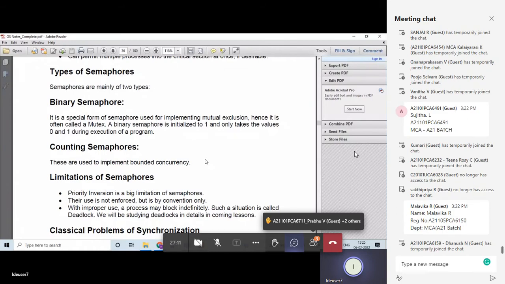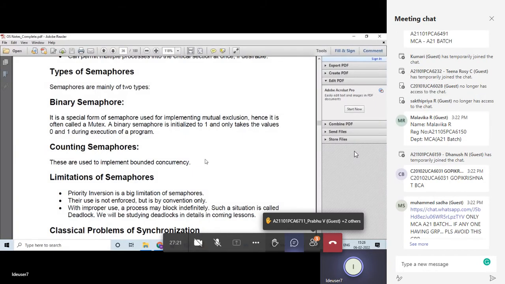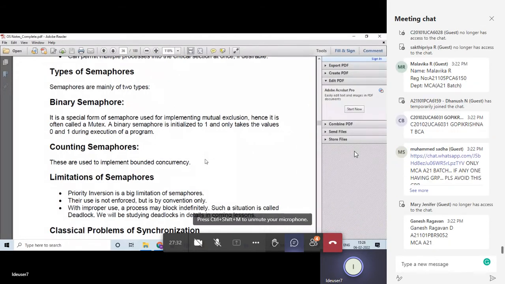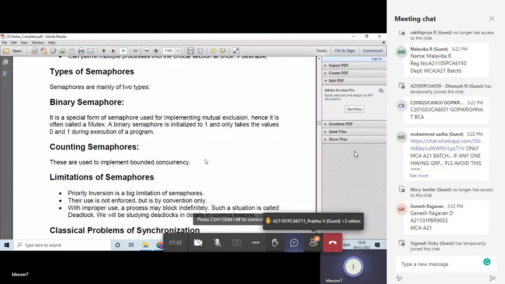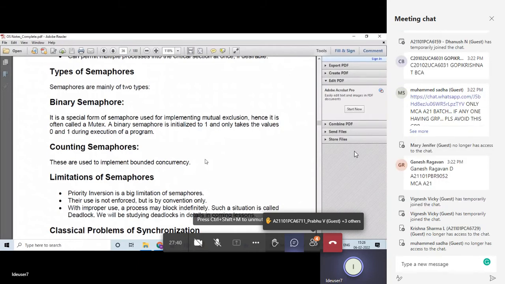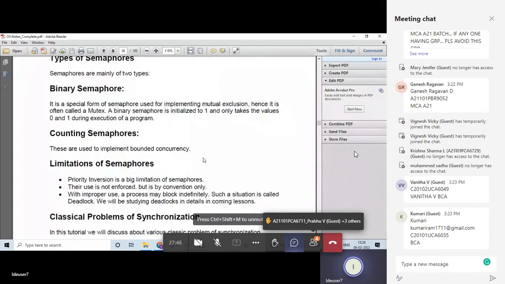For example, if I initialize the counting semaphore to 15, whenever a process accesses the resource it will be decremented like 14, 13, 12. When the counting semaphore value is 0, that section has no resources left for processes to access. That is the concept of the counting semaphore. Students, have you understood the binary and counting semaphore? Yes, ma'am.